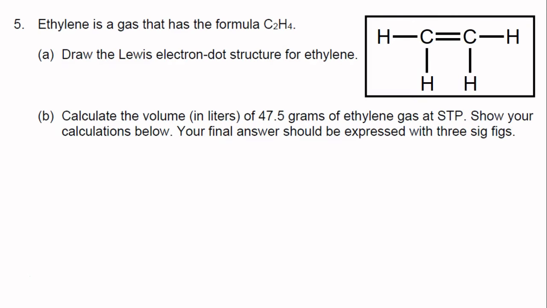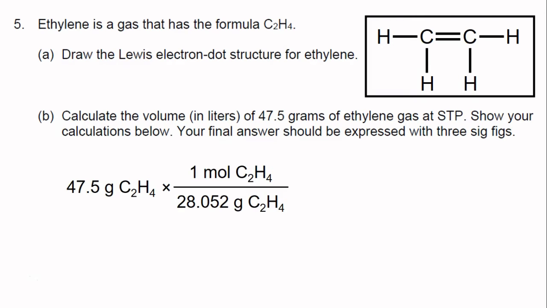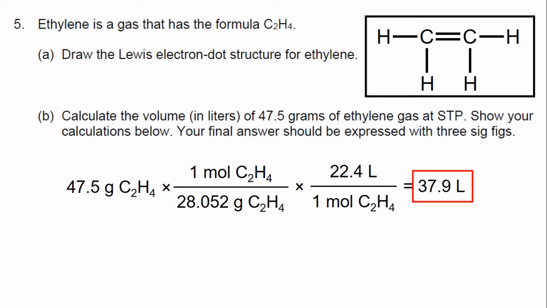But first we have to go from grams to moles. The molar mass of ethylene is 28.052. That just comes from the periodic table. Now we'll use 22.4 liters for every 1 mole of gas at STP. And this math will give us, rounding off to 3 significant figures, 37.9 liters for our answer.